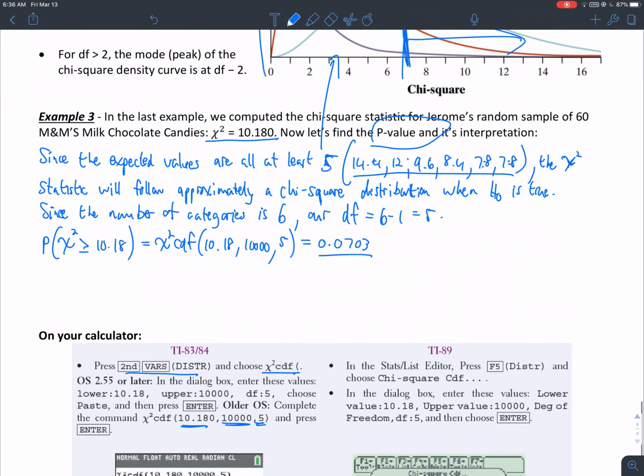But I realized we didn't do the second part: the interpretation. What would be the interpretation?